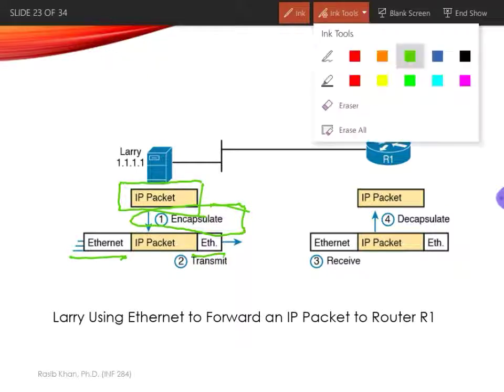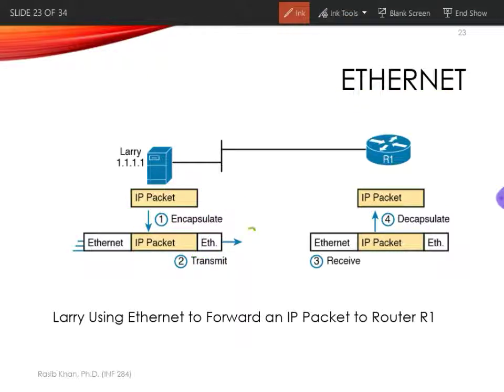So now, after this IP packet is encapsulated with a header and trailer, the Ethernet protocol is now ready to transmit the data to R1.